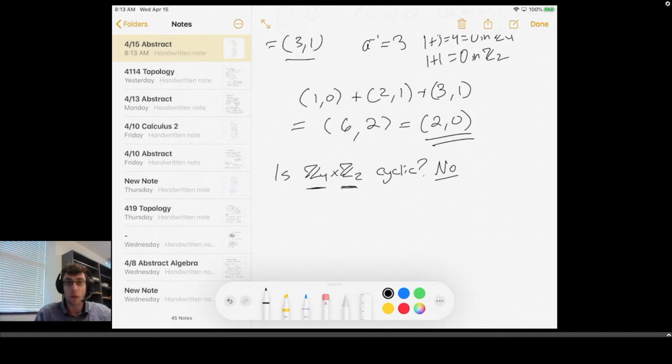So 4 seems like the maximal order you could get here, because no matter what, when you do something twice, you're the identity over here. When you do something 4 times, you're the identity over here. And so if you do something 4 times, well, that's doing it twice. So it's going to be the identity in both, right? So can't get over order 4.